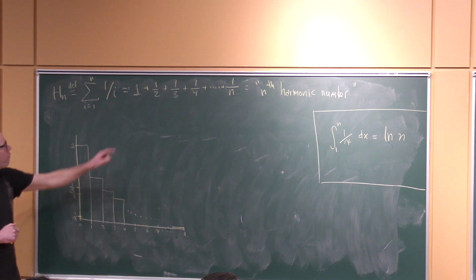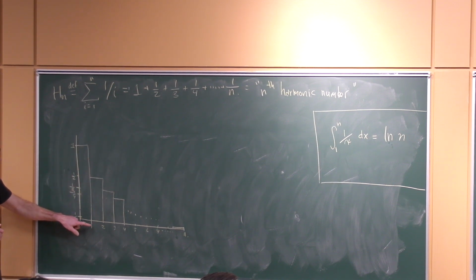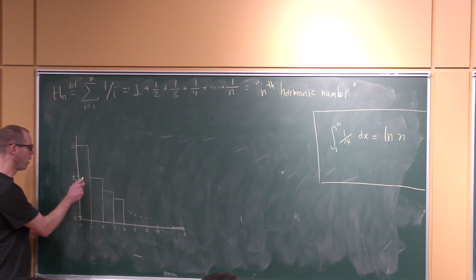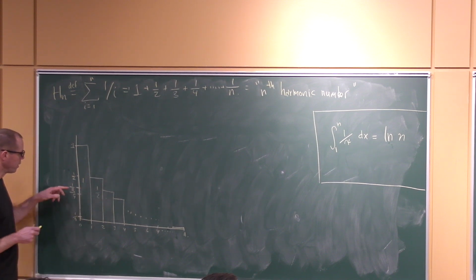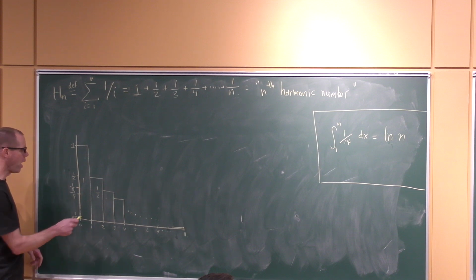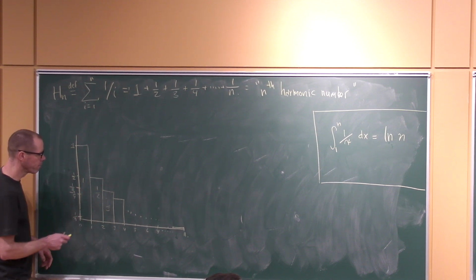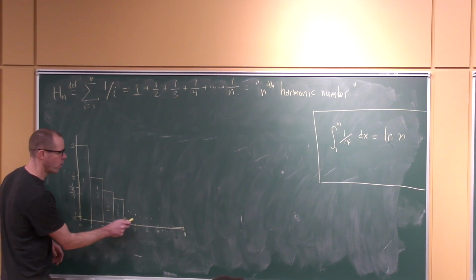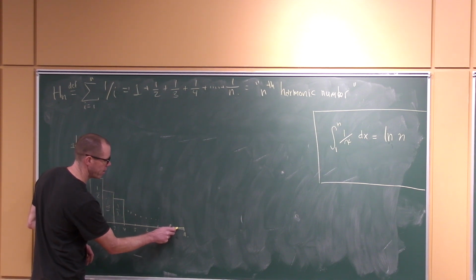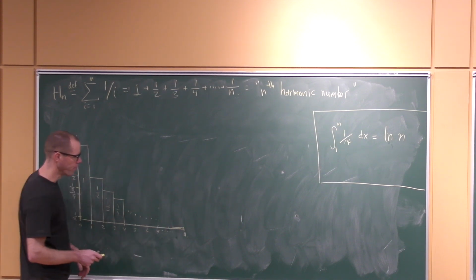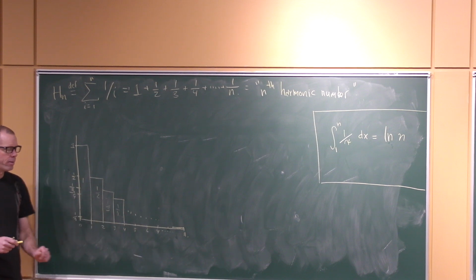The second term is a half, which here is represented as a rectangle of width 1 and height 1/2. So the area of that thing is a half. So this is the 1, this is the half. And similarly, the third one is width 1 and height 1/3. So this is a third, a quarter, and so on, all the way up to this tiny little sliver here, which is width 1 and height 1 over n.